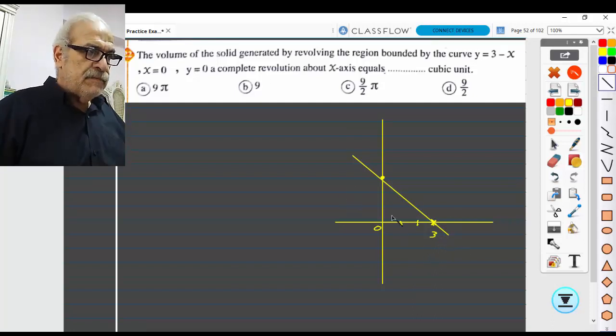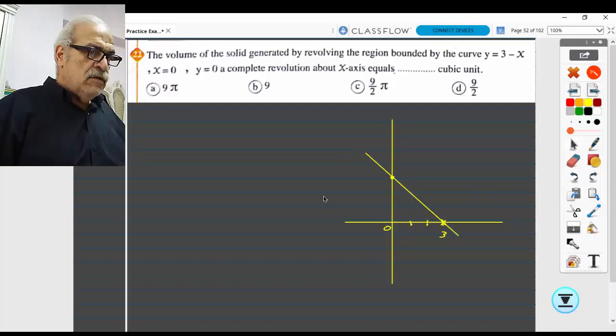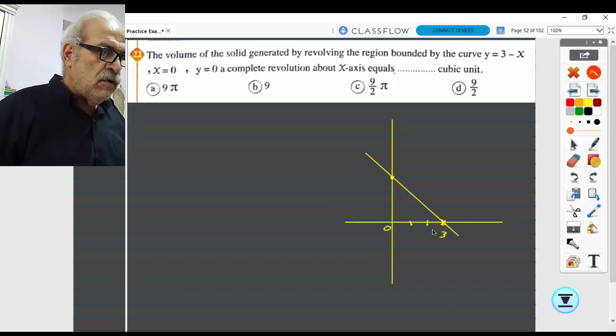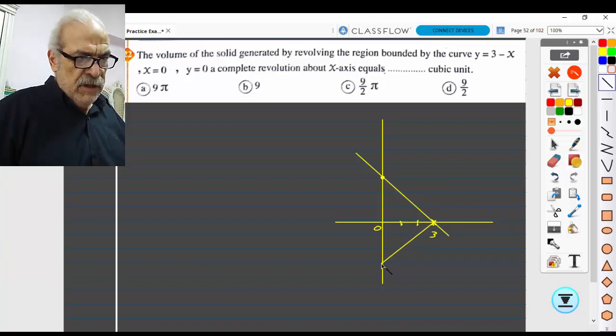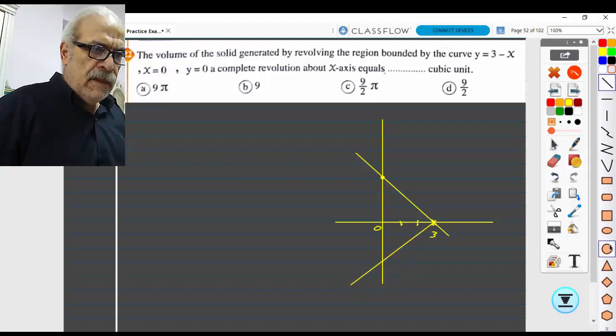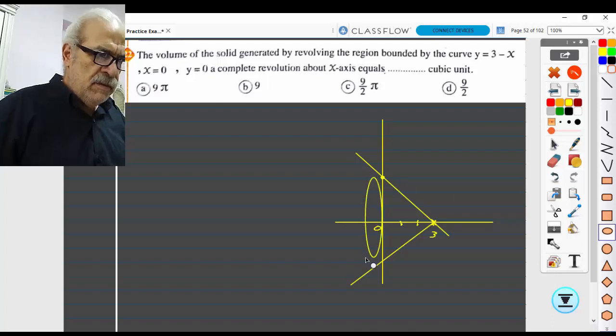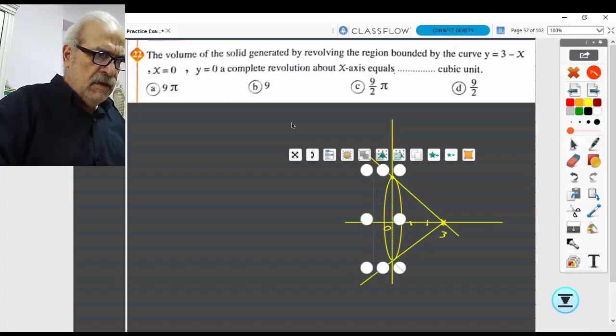So when you make a full revolution about the x-axis, the generated solid will be a cone, passing through this point and 3, and this is the base, like this.